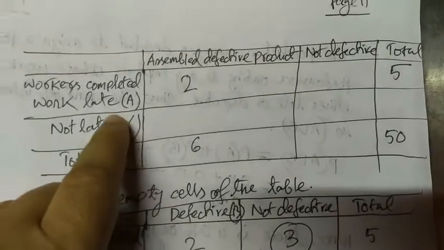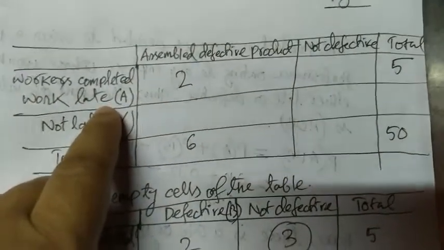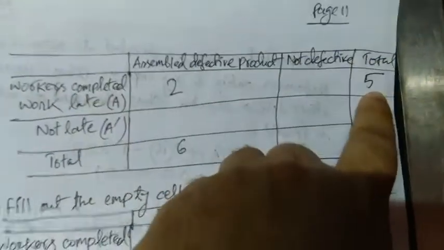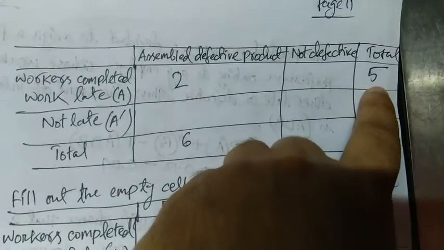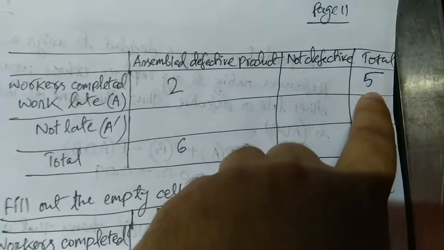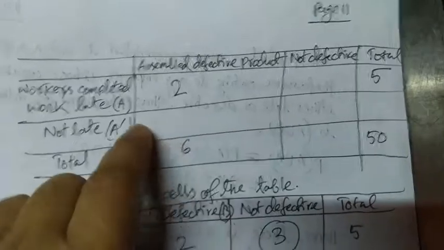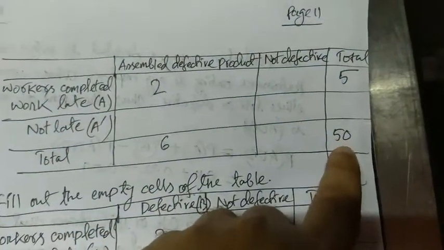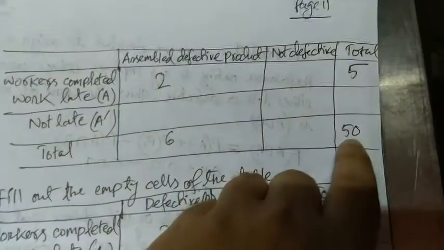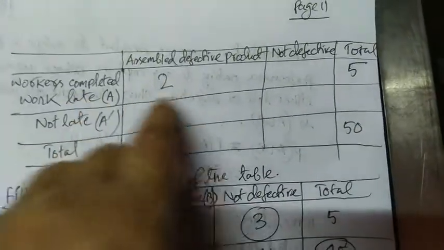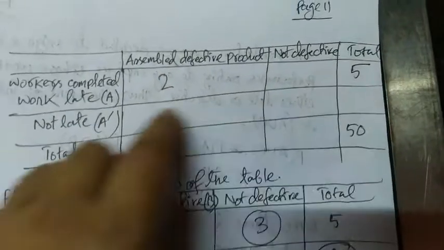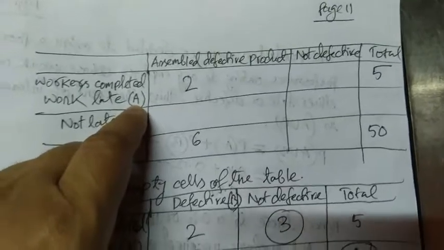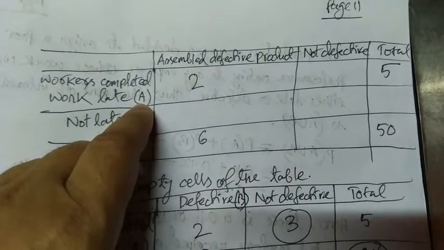He has observed that 5 workers completed a particular work late, out of a total of 50 workers. We denote this event, completing work late, as event A.